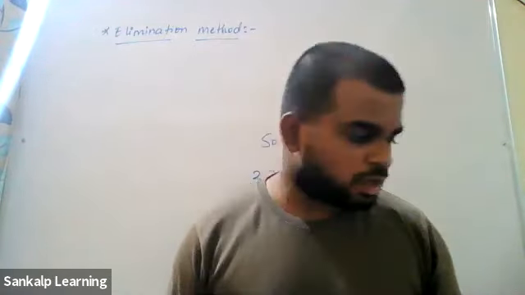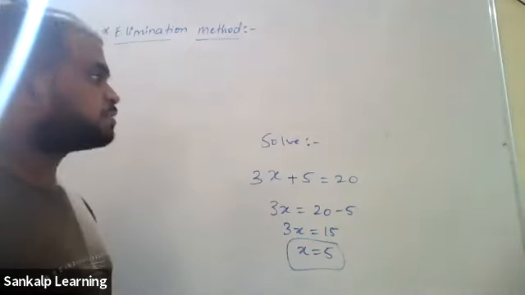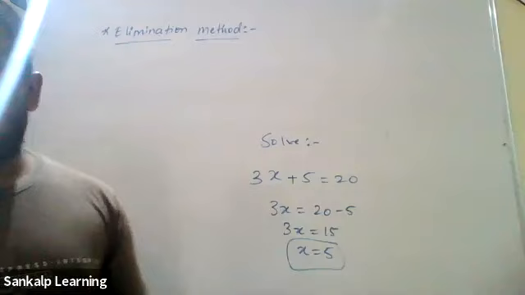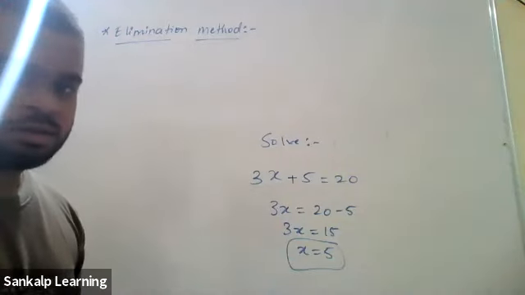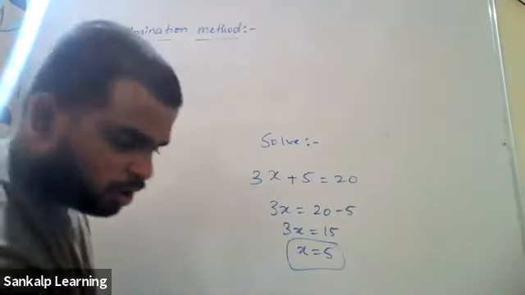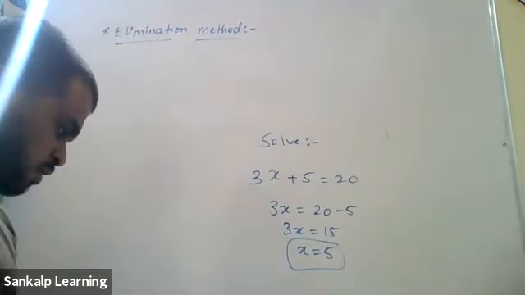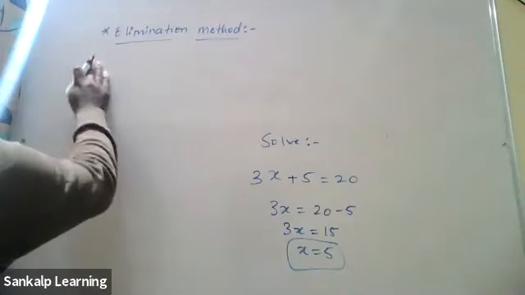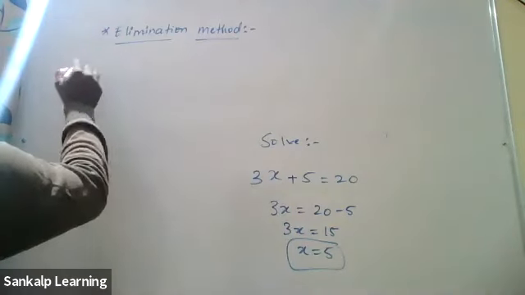I'll take one question. What was the first question that we took in the substitution method? Can anyone tell me? Sir, the first question in the substitution method was x plus y is equal to 3 and 4x minus 3y is equal to 26. What will be the question number? Continuing, it is 18.